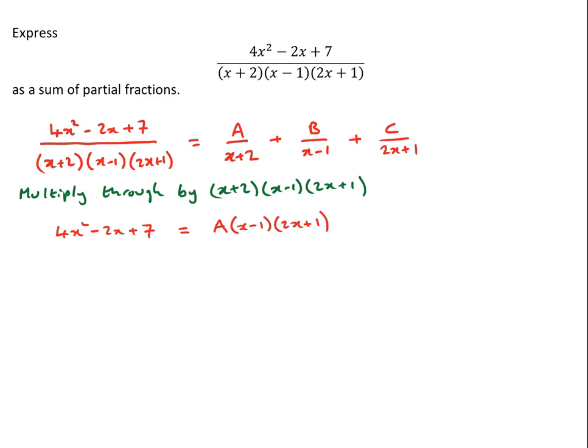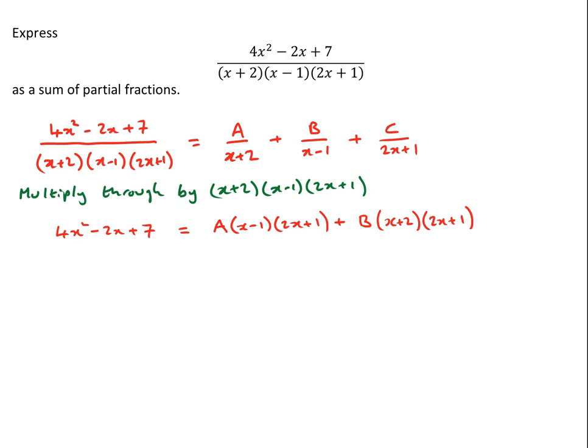For the middle term on the right hand side, we've got b over x minus 1 times by x plus 2, x minus 1, 2x plus 1. The x minus 1's will cancel, so we're going to end up with b times by x plus 2, 2x plus 1.